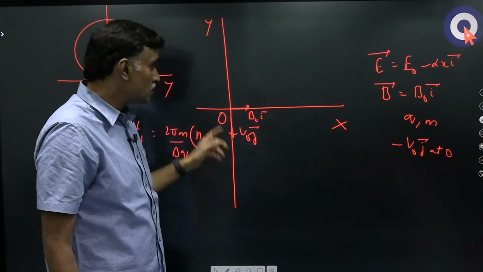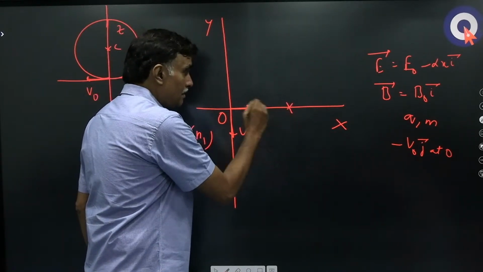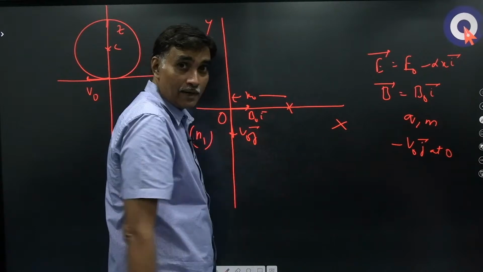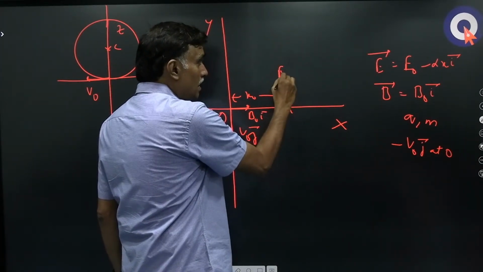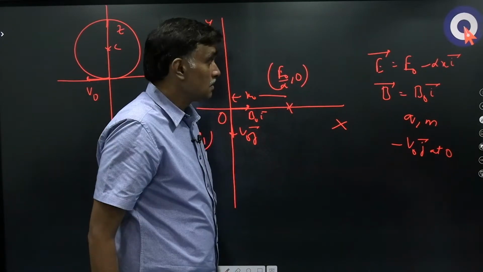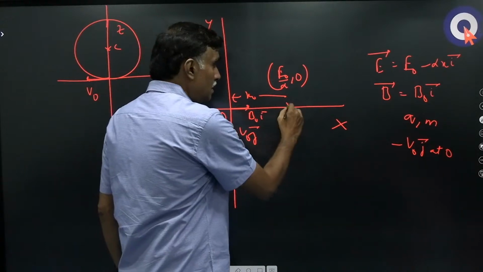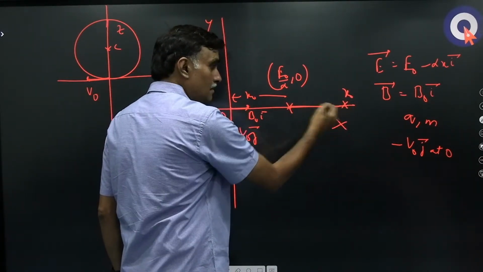At x equal to 0 there is no velocity along the x-axis, and at x equal to x naught the net force due to the electric field is 0. What is that point? It is E naught by alpha, comma 0. The electric field is 0 at that point, so the force is 0, and it will stop somewhere here once again and oscillate like this.